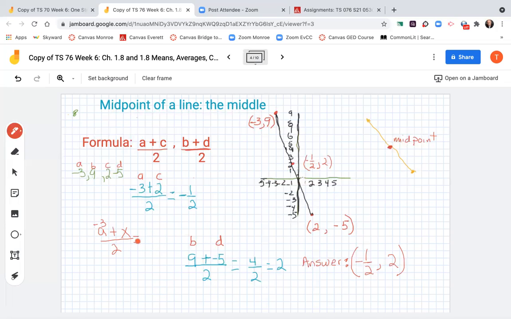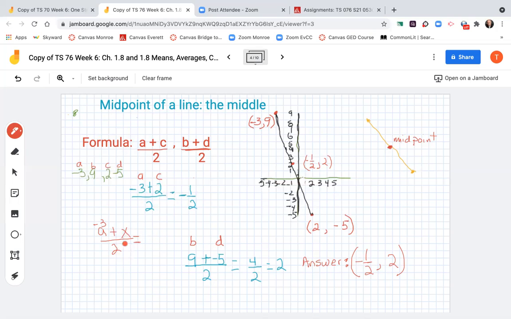So what you now figure out is -3 plus what equals the answer they just gave you, okay? Because that's the A plus, it's supposed to be the C here. We don't know what C is, but what is it that I add to the -3 that will give me that answer they've already given me by giving me the first coordinate of the midpoint?